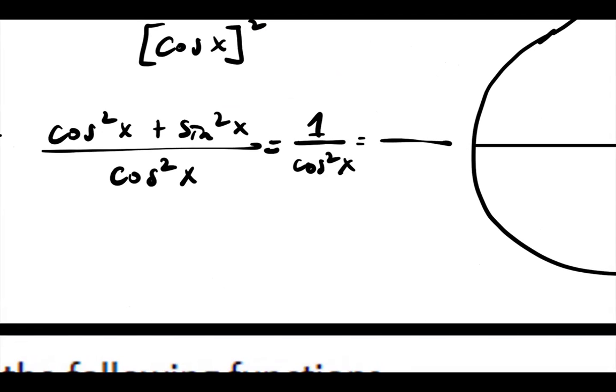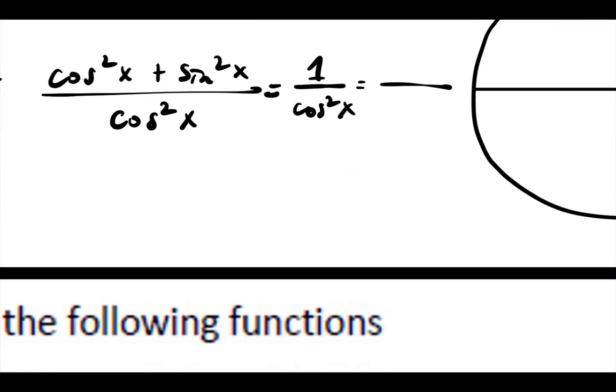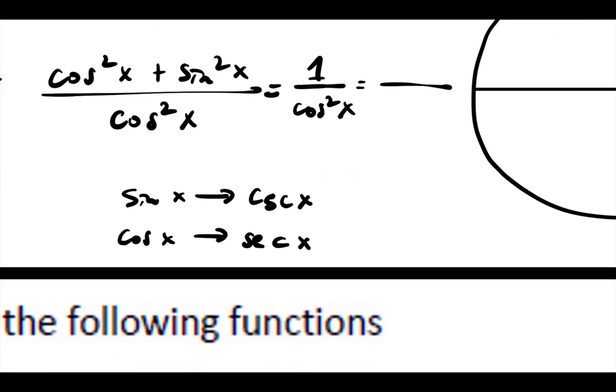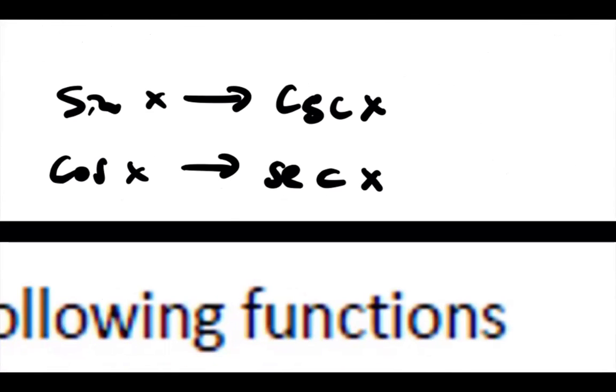Or what is 1 over cosine? Secant. This is the way I remember it. Sine goes with cosecant, and cosine goes with secant. So this is the way I remember it.